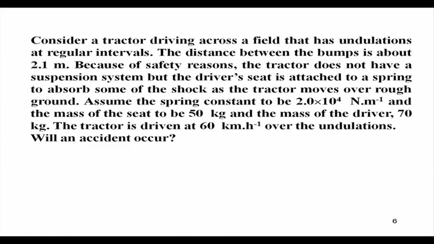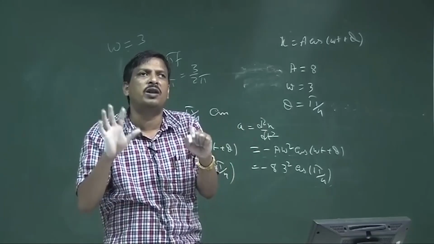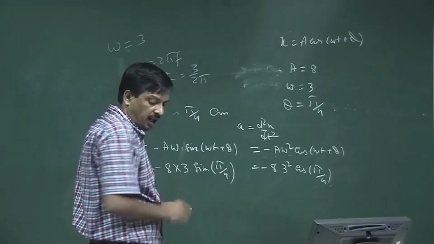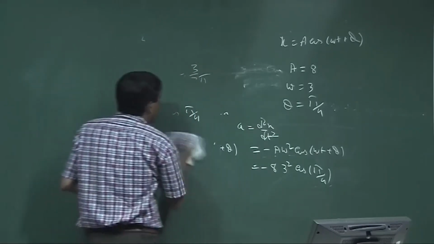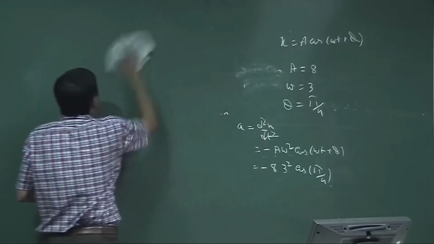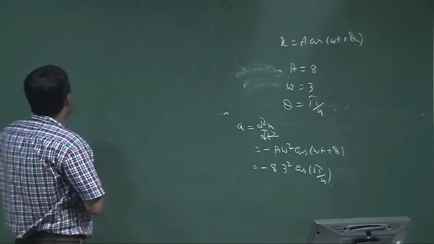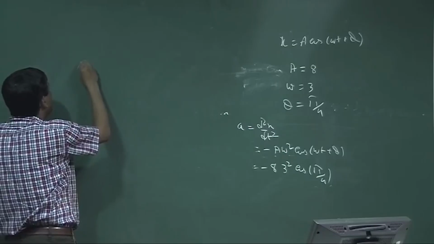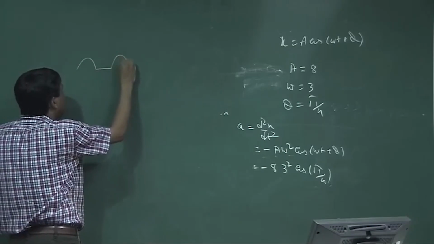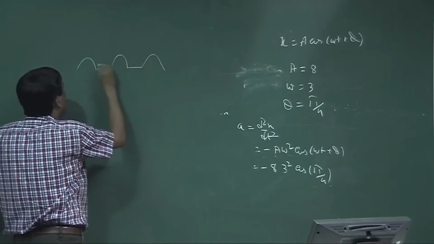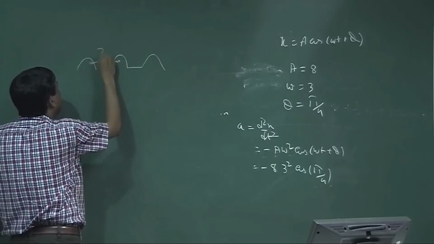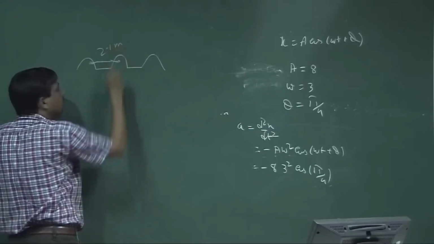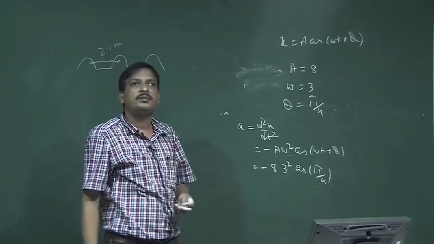So, after reading the statement of the problem, what do you understand? That there is a tractor which moves across a road or a field which has a bump, another bump and another bump, and the distance between the two bumps is 2.1 meter. Okay.